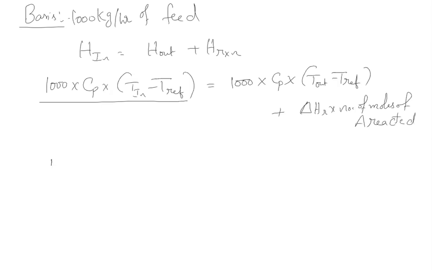So how do you write the balance? 1000 into 2000 into inlet temperature, which is unknown, minus some reference temperature, is equal to 1000 into Cp, 2000. Why are you using the same Cp at the inlet and outlet? Because Cp is a function of temperature, no?